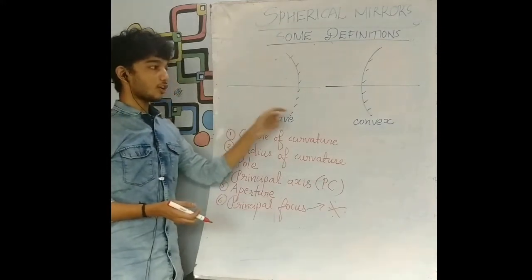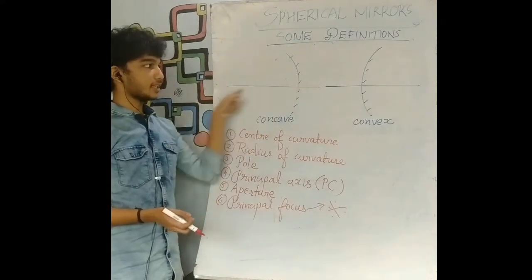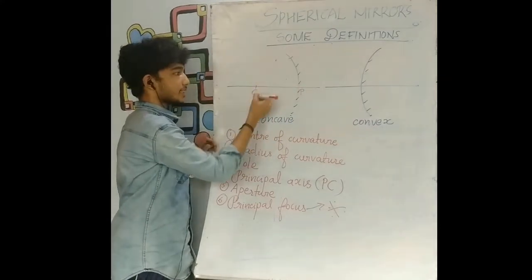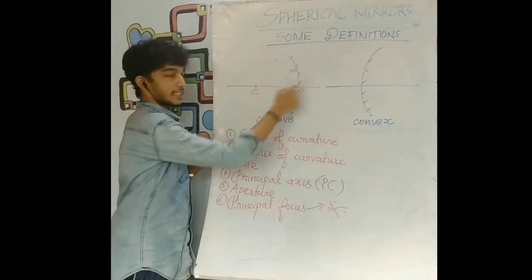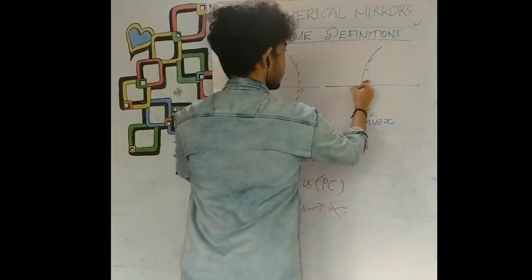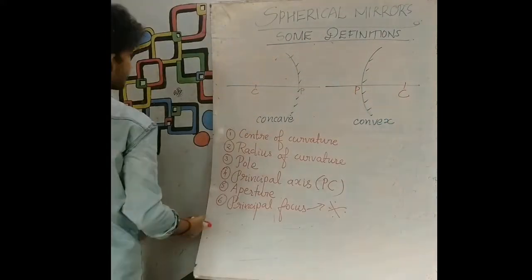I have redrawn the concave mirror as well as the convex mirror. Let this be the pole, and let this be the center of curvature, and this line is the principal axis. Similarly, in the case of convex mirror, this is the pole and this is the center of curvature and this line is the principal axis.